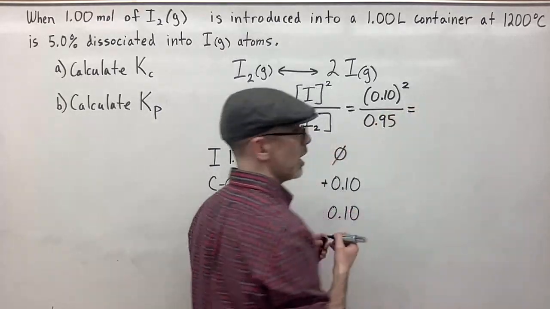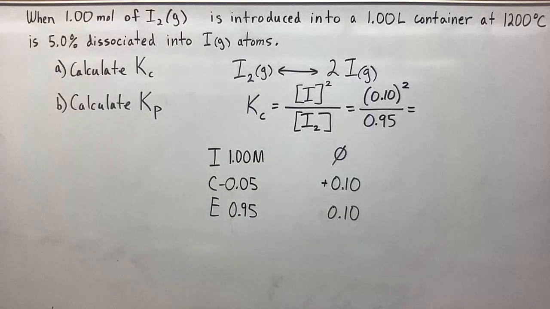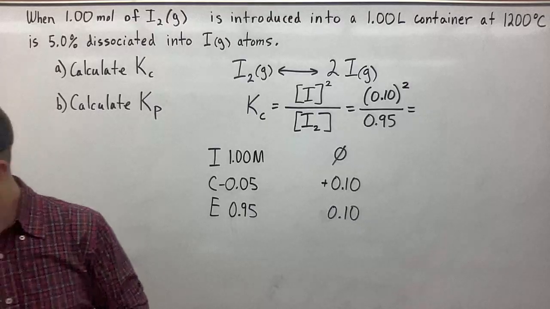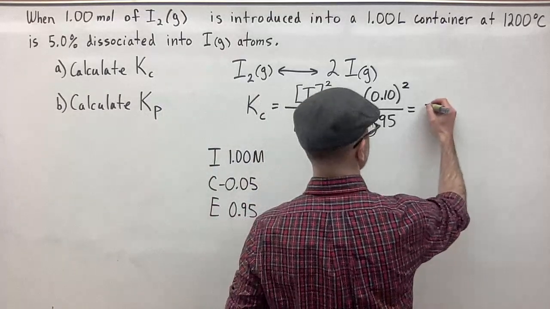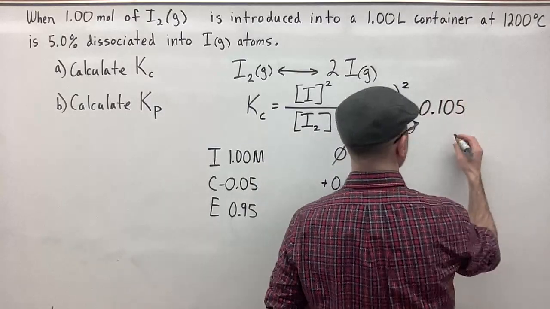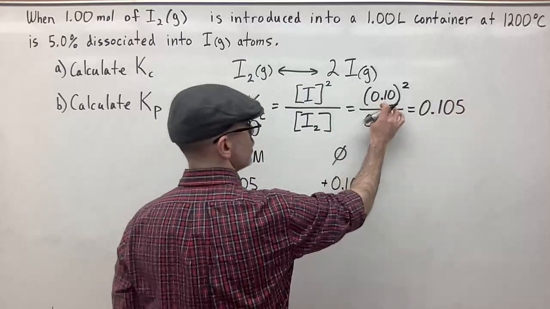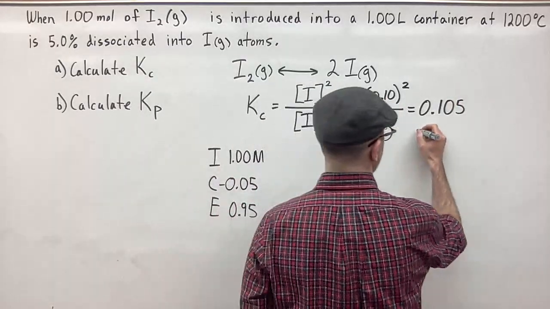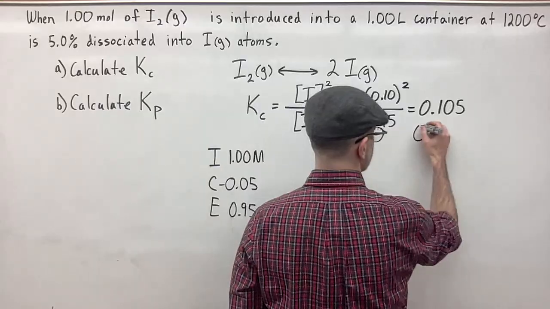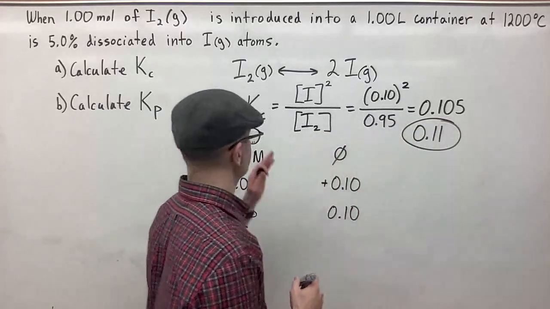And then when we calculate that, we get 0.105. If we round that to 2 sig figs, because we have 2 sig figs here and 2 here, then rounded to 2 sig figs, that would be 0.11 for our Kc.